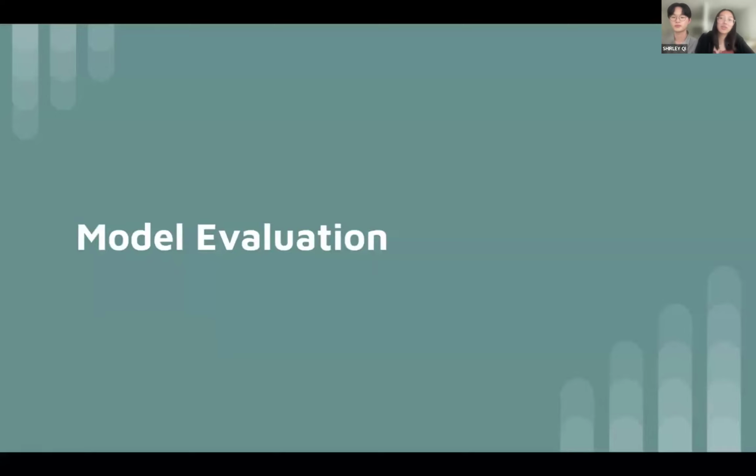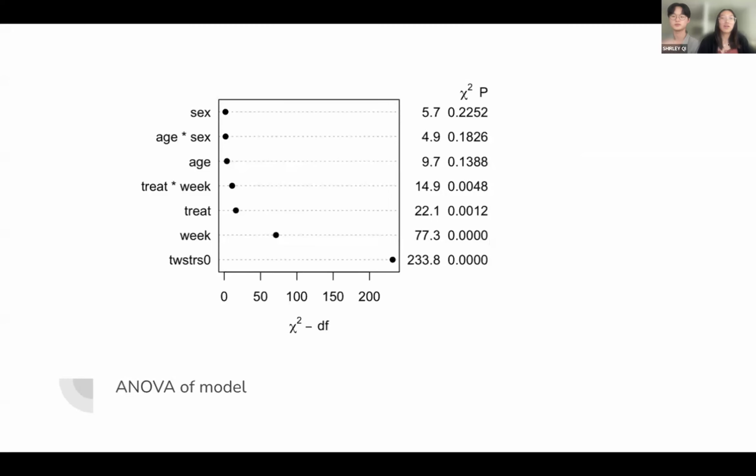Okay, and then finally, we're going to talk about the evaluation of the model. So first, we have a plot of the ANOVA of our GLS model. We can see that the baseline Twister score has a very high effect on the responses, which makes sense since it's the starting value of all the subjects, like initial Twister score, initial pain at week 0.